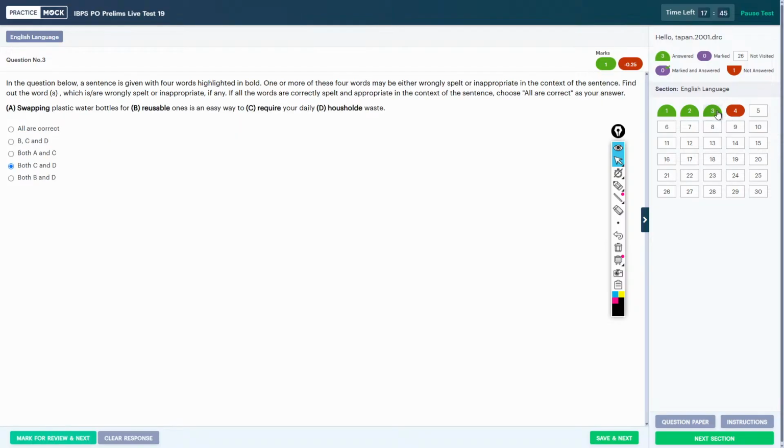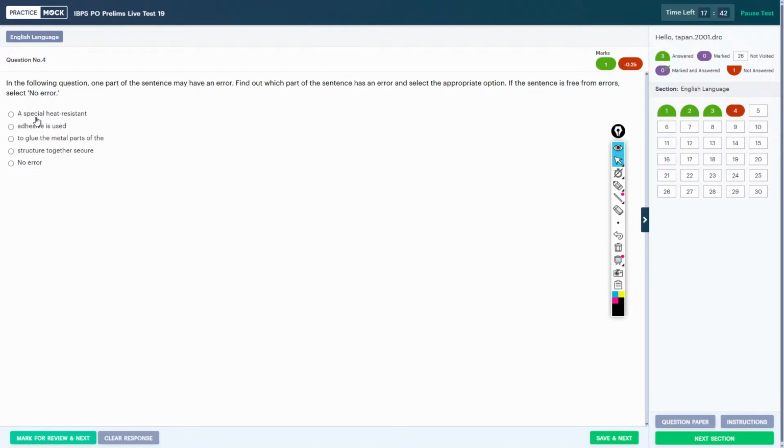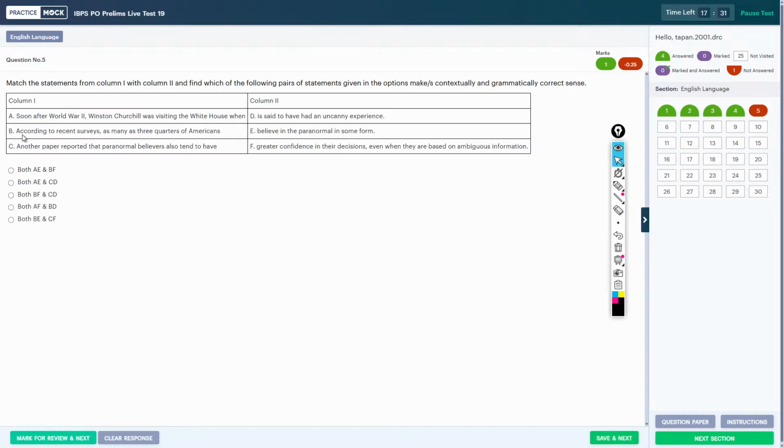Daily household waste. Okay. A special heat resistant adhesive is used to glue the metal parts of the structure together securely. Soon after World War II, Winston Churchill was visiting the White House when, no, according to recent surveys, as many as three-quarters of Americans believe in the paranormal in some form.